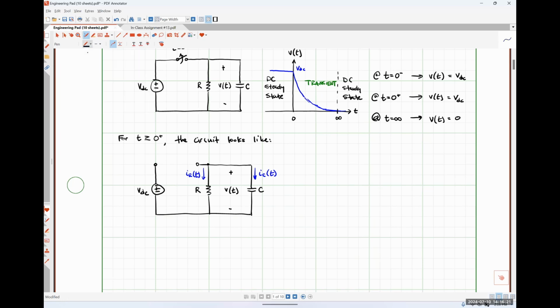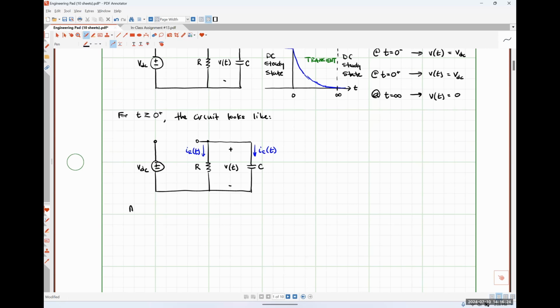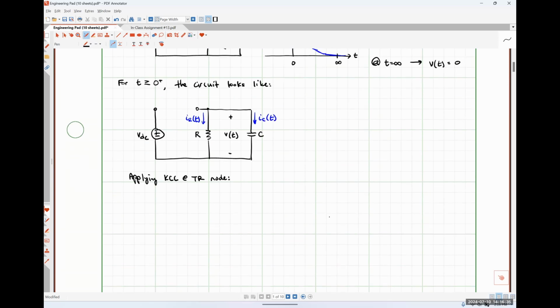If I were to apply KCL at the top right node, what I would see is that our resistor current IR of T and our capacitor current IC of T have to add together to make 0, because Kirchhoff's current law always has to be satisfied.